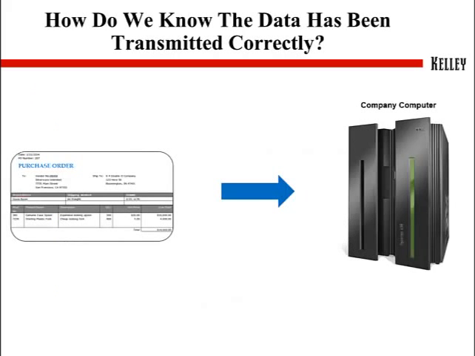So let's set the scenario. Suppose I've got a purchase order that I want to transmit to a company computer. How do I know that the purchase order that I transmit is the same as the purchase order that the company receives? How do I know that the file was complete or was not altered while in transit?